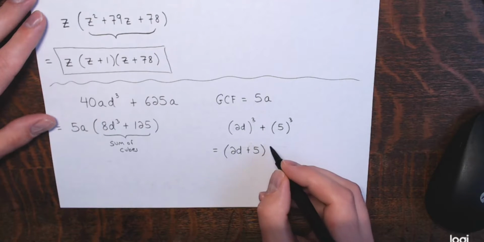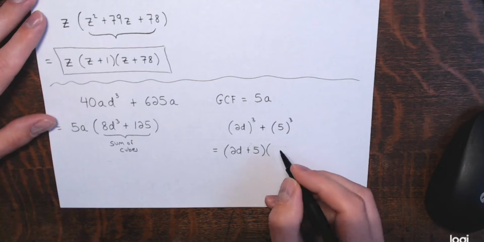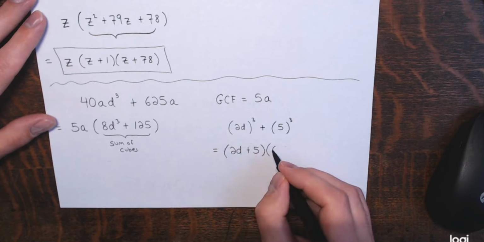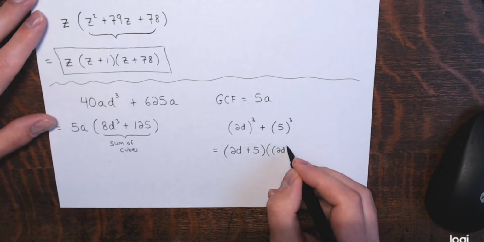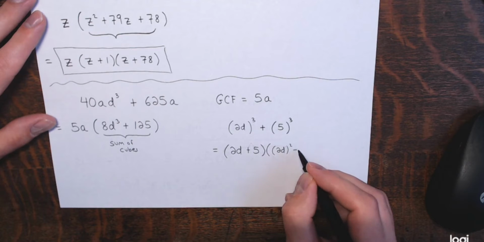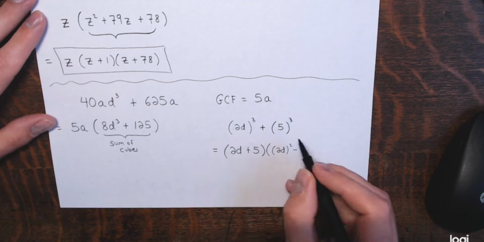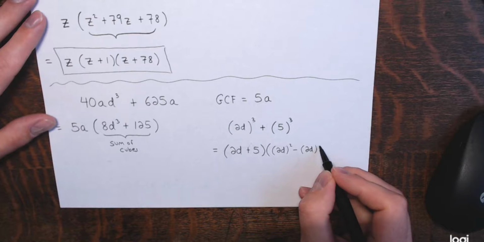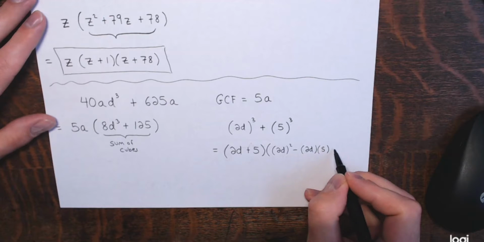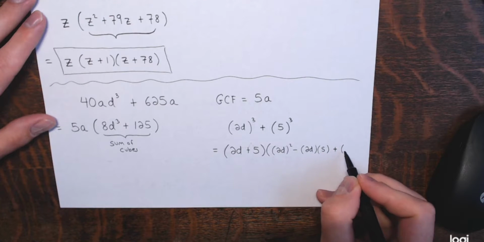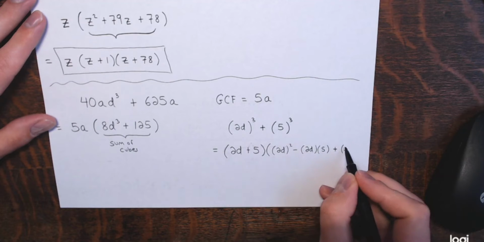And then the other factor was a trinomial factor where it was the first one squared, 2d squared, then minus the product of these two cube roots, 2d times 5, and then always plus that second cube root, 5 squared.